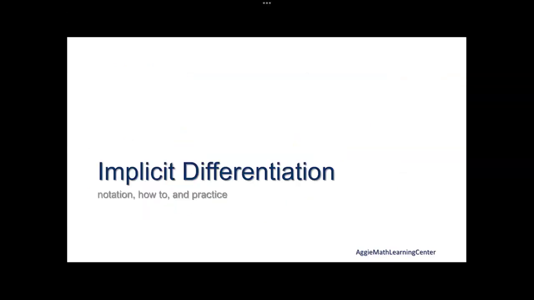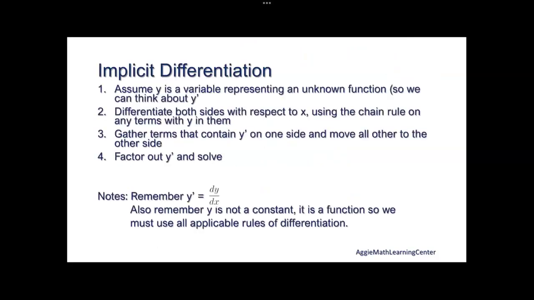Implicit differentiation. Okay. Implicit differentiation is when we assume y is a variable representing an unknown function, as if it was some sort of f of x, that we can think about as y or y prime or y double prime, etc. We differentiate both sides with respect to x, using the chain rule on any terms with y in them.